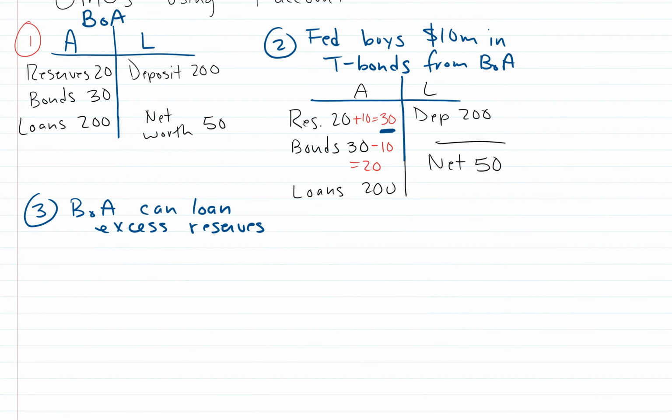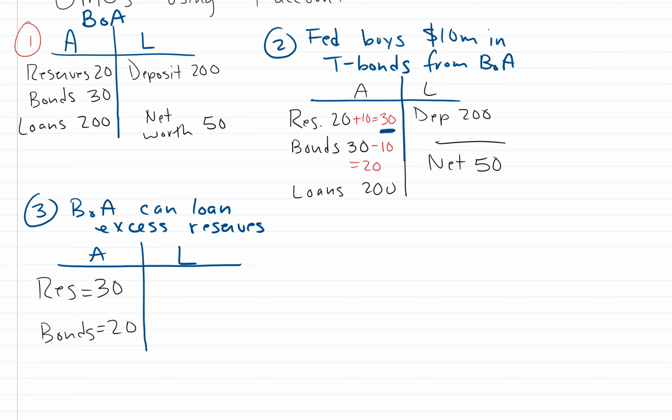So let's just put this part in our balance sheet before we stop. So assets and liabilities, again, we're going to draw all the parts that were there before. So the reserves are 30, and the bonds are now 20, and the loans are 200, and so on. Now, they're going to lend out these extra reserves.